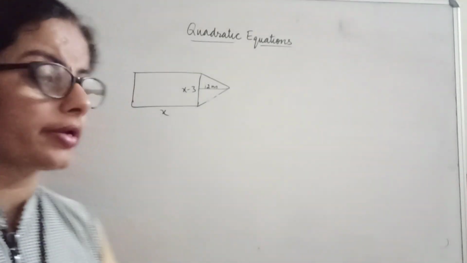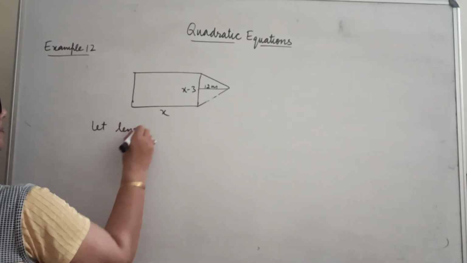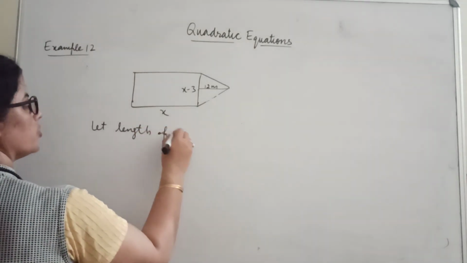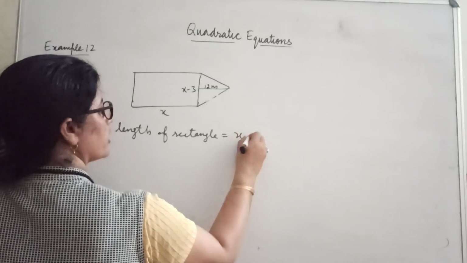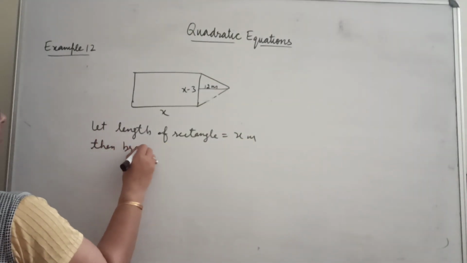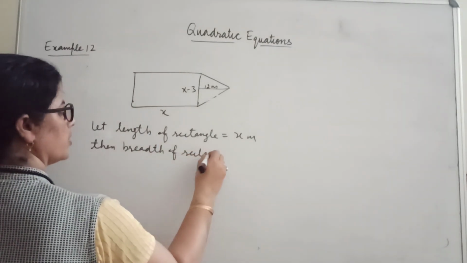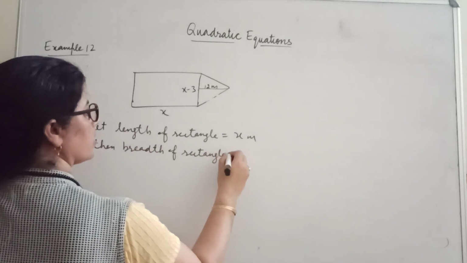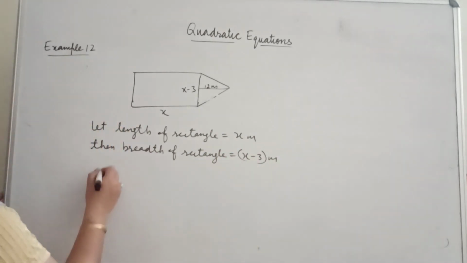This we want to find. Let us suppose the length of the rectangle is equal to x meters. Then the breadth of the rectangle is equal to x minus 3 meters.